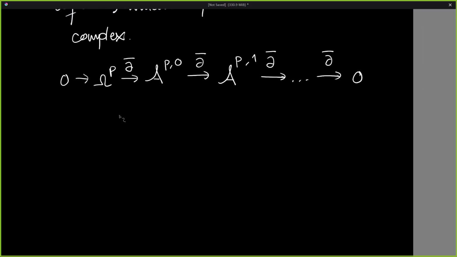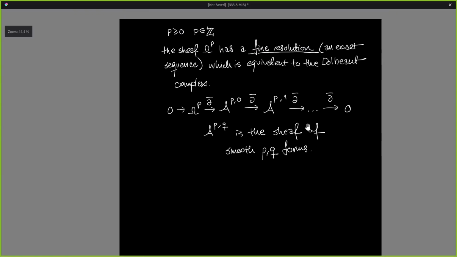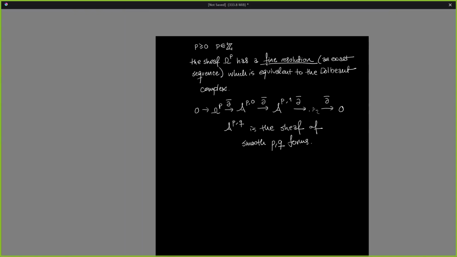So A^{p,q} is the sheaf of smooth (p,q) forms. So it's the analog to omega p,q forms. And remember, a sheaf is a way of assigning a vector space to a local neighborhood, right? That's what a sheaf is.